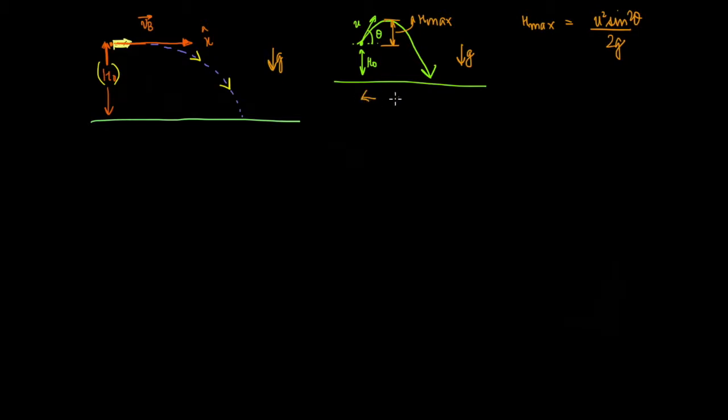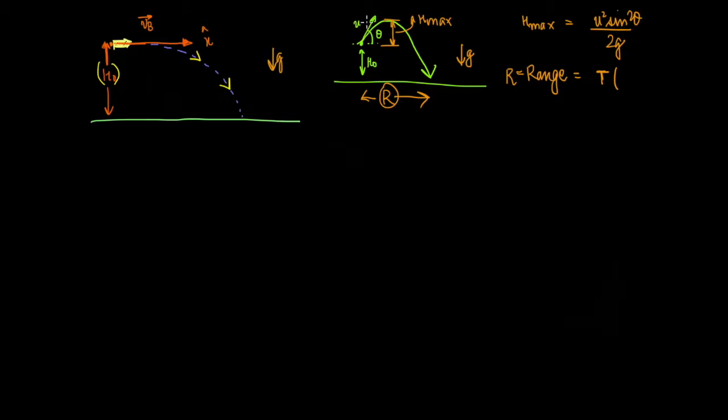The other thing that we worked out was something called the range, which we denoted by capital R. That range had a rather funny formula, but the key way to remember it was that it is the time of flight multiplied by the horizontal velocity of the body.